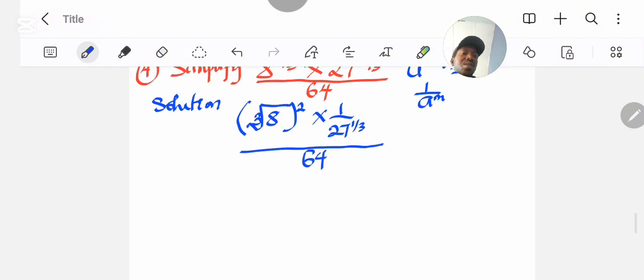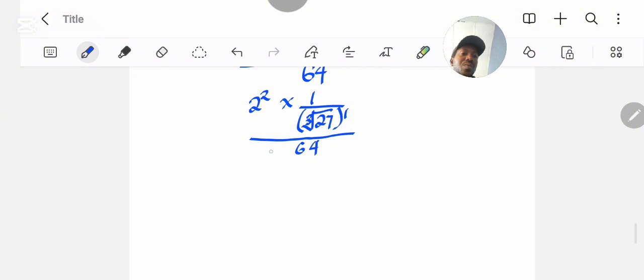All right, so the cube root of 8 is 2, because if you multiply 2 3 times, you're going to get 8. So cube root of 8 is 2 raised to the power of 2 times 1 over the cube root of 27 raised to power 1, all over 64. And from here now, we have 4 times 1 over the cube root of 27, which is 3, all divided by 64.